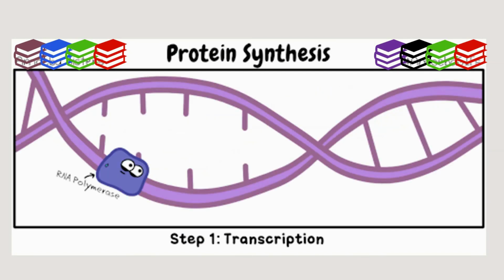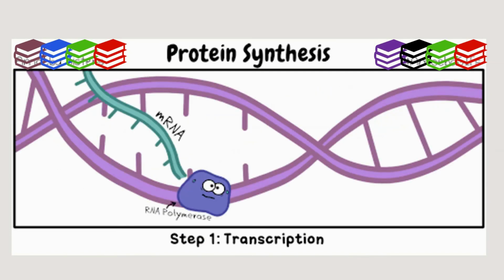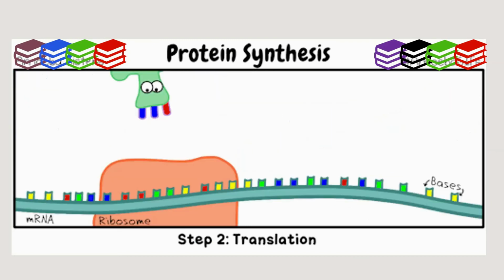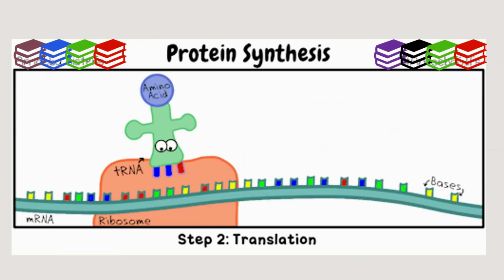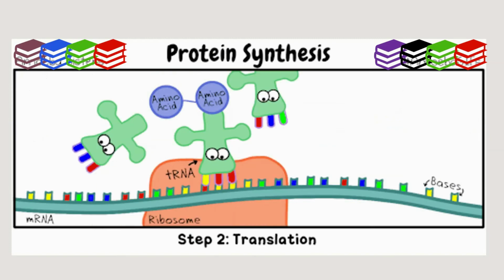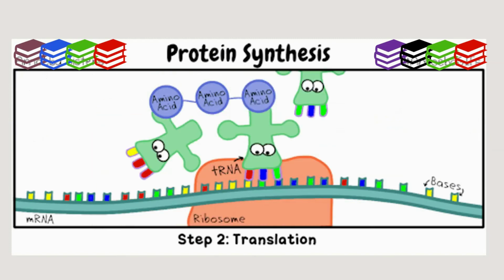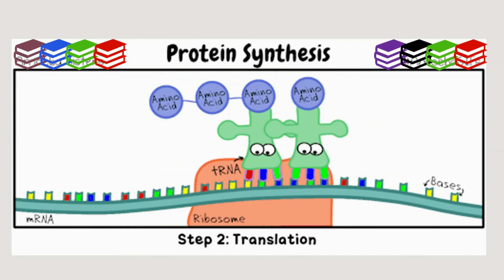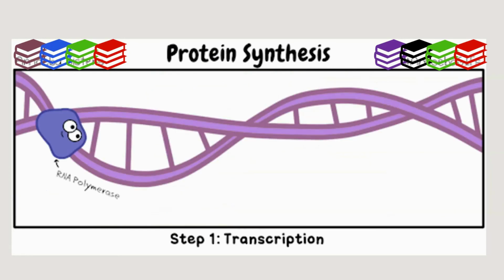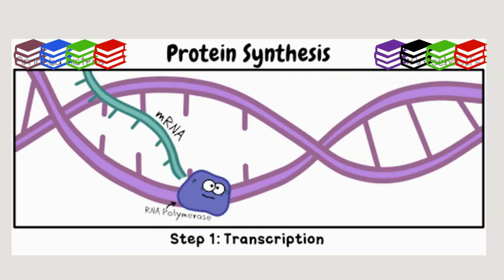Now, let's see it diagrammatically. Can you see this DNA which is painted in purple? This polymerase had just come and was transcribing our purple colored DNA. Let's see it one more time. Yes, see, the RNA polymerase has come.